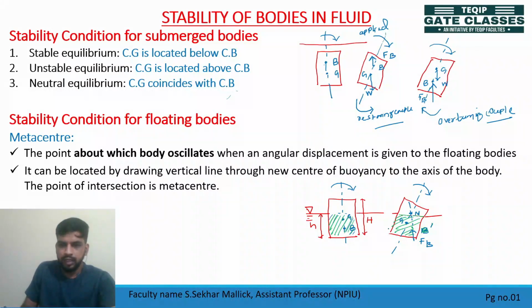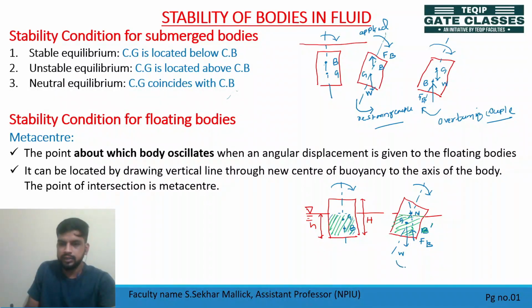Okay, now see here, in this condition the metacenter is above the center of gravity. If G is here, then the weight W will be acting downwards, the buoyant force will be acting upwards, and this is your torque direction. So check what would be the couple direction here. Will it be this direction?